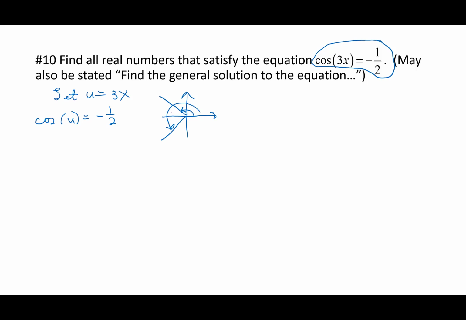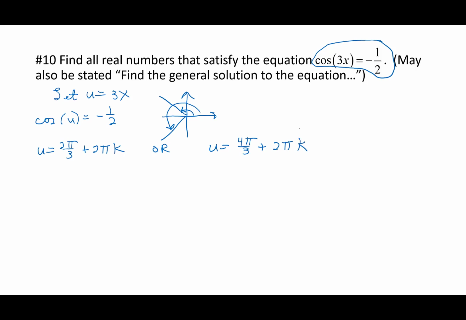And we're finding the general solution. So I know that u then would equal 2 pi thirds, but allowing for all solutions, I would say plus 2 pi k. Or u would equal, right here would give us 4 pi thirds plus 2 pi k.